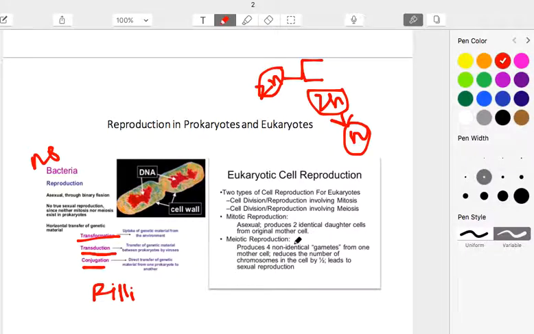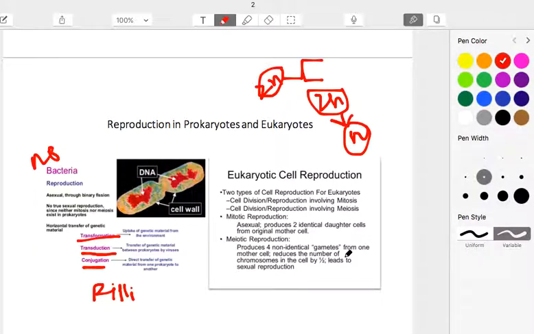The meiotic cell division produces non-identical gametes. What I mean by non-identical is that they possess crossing over, the interchanging of genetic information, which may cause different things to happen, like non-disjunction, crossing over, formation of chiasma.